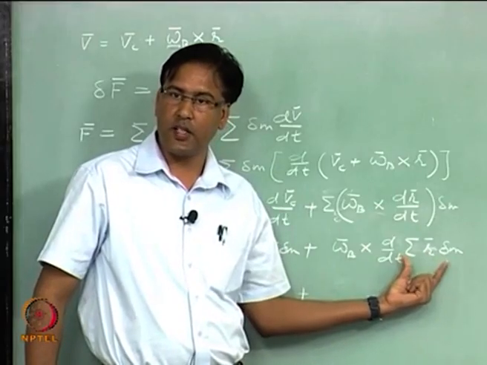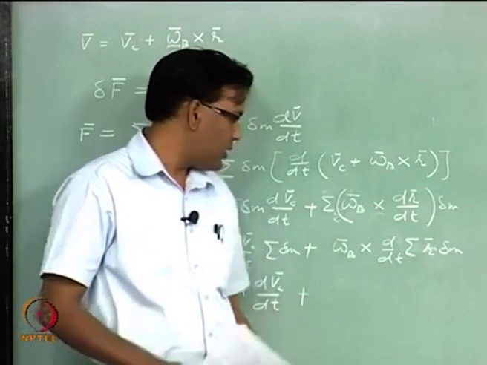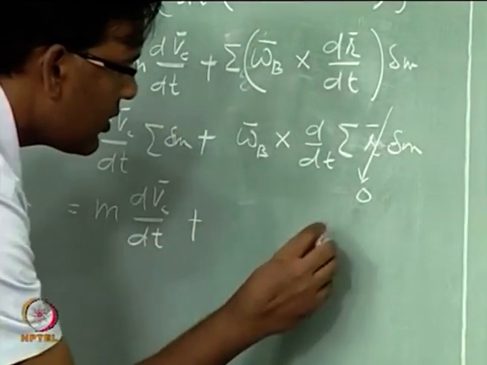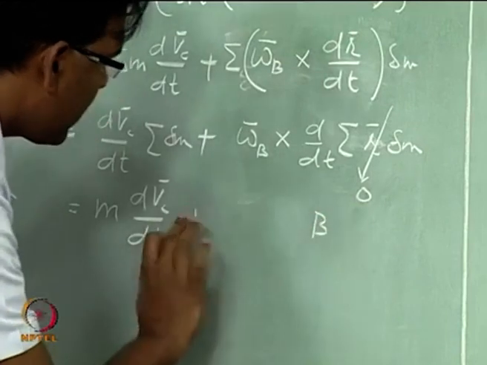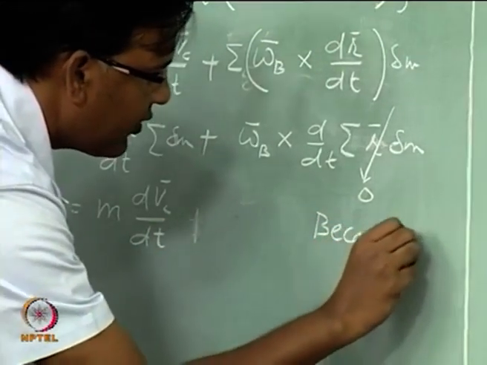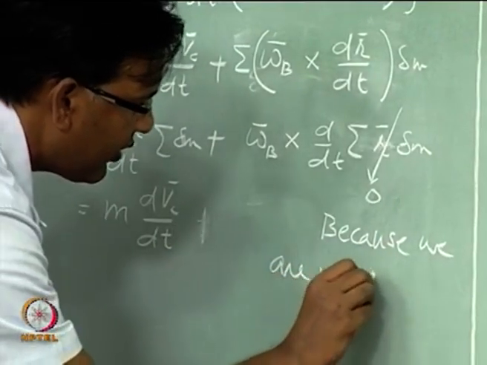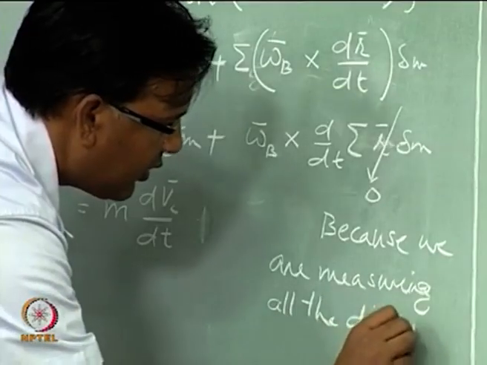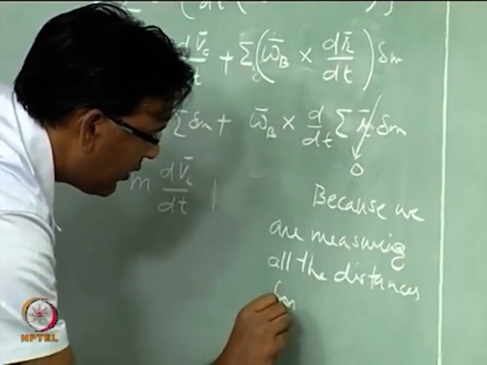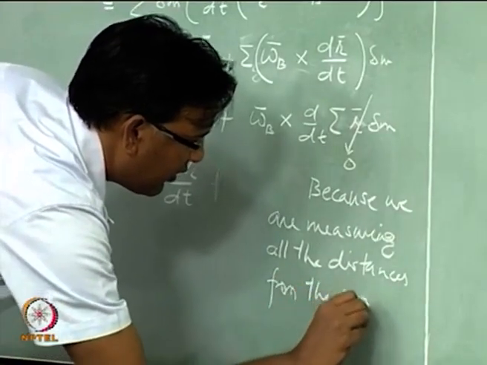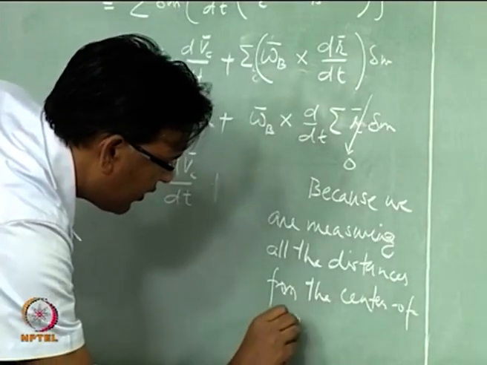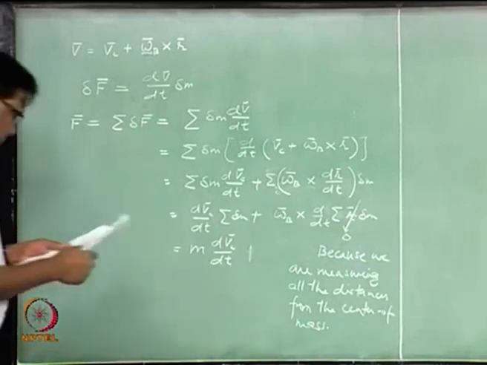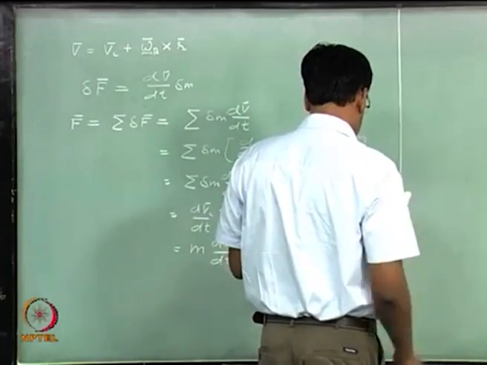So, this summation is 0, but this is the definition of the center of mass, right. Any question? Okay.